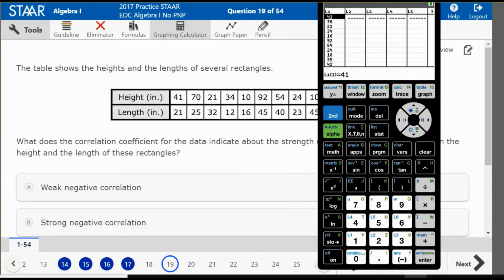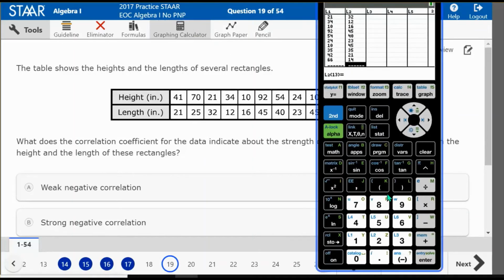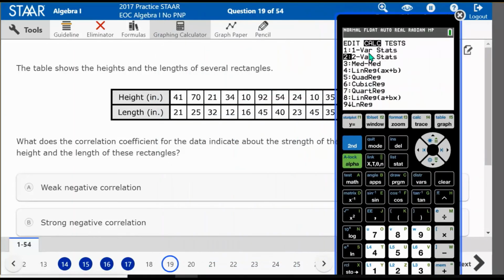I've inputted all my x values, the height in inches. Now let me input all my y values, the length. After we've done that part, we click stat, then calc, and we know it's a linear function because it says linear function over there.